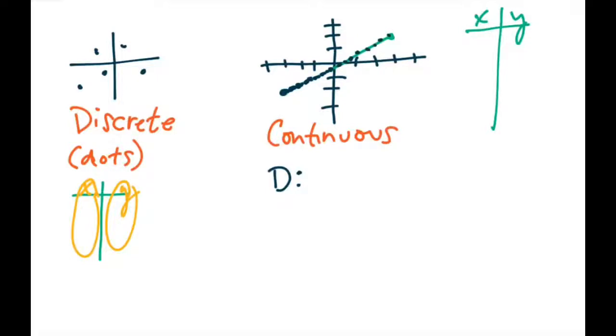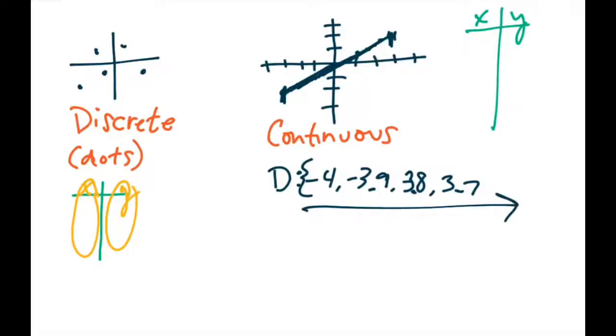So your domain would look like -4, -3.9, -3.8, -3.7. Every single number between here all the way to here would be a really long list to write, because now it's not just individual points like it was for discrete. It is a ton of points from start to finish.